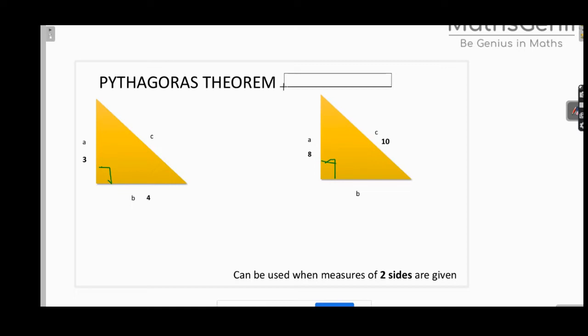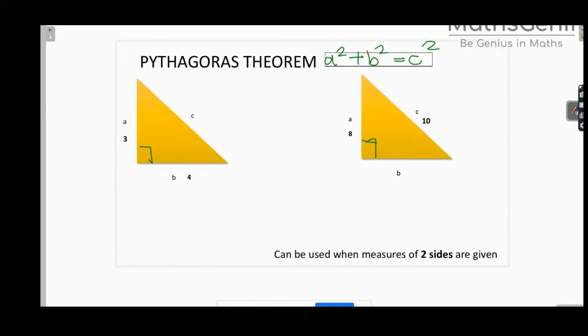Formula is side 1 square plus side 2 square is equal to hypotenuse square. Let's just apply this formula here. Side hypotenuse is what, students? Side opposite to 90 degree. So this is hypotenuse.